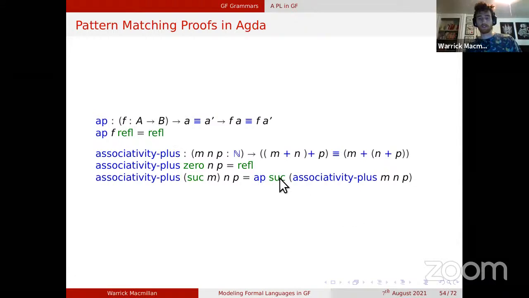So the f here is the successor. The equality proof is the recursive call of associativity on the m, n, and p. So the m is, you're getting rid of a successor. And so the termination checker, as it's called, is happy, because the size of the arguments is in some sense decreasing. And so it'll terminate recursively.